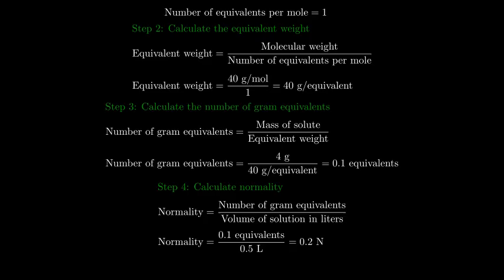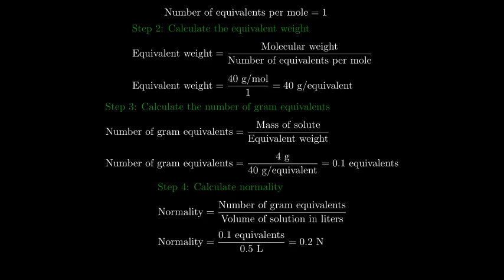Step 2, calculate the equivalent weight. Equivalent weight equals molecular weight divided by number of equivalents per mole. Equivalent weight equals 98 grams per mole divided by 2 is equal to 49 grams per equivalent. Step 3. Calculate the number of gram equivalents. Number of gram equivalents equals mass of solute divided by equivalent weight. Number of gram equivalents equals 4.9 grams divided by 49 grams per equivalent equals 0.1 equivalent.